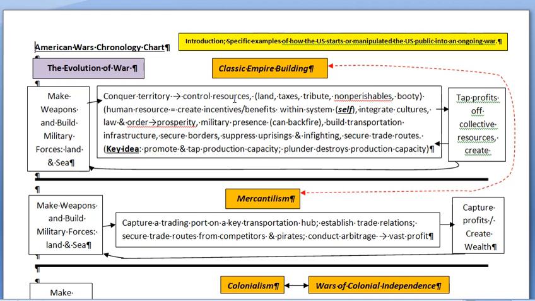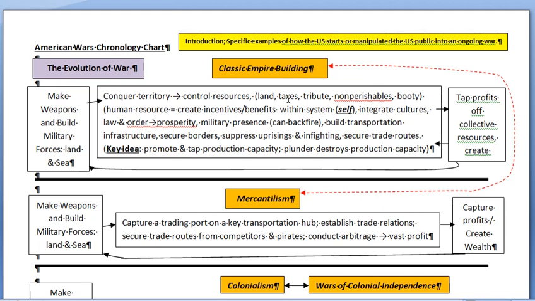These resources are typically land, and from that land, you're not controlling tomatoes or carrots, you're controlling money, taxes. You converted that to something that's non-perishable and portable in the form of money or tribute, anything non-perishable. It can include spices or perfumes or precious metals, any form of booty.